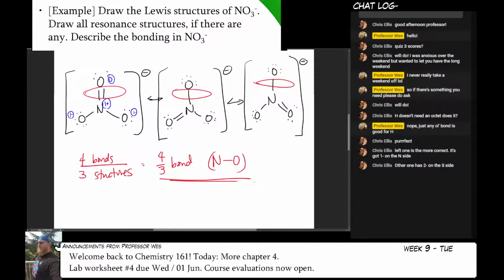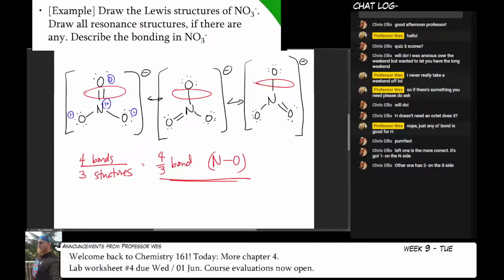And so we could determine that it's slightly stronger than a single bond, because 4/3 is bigger than 1. But it's less than a double bond. And that makes sense, because if it was as strong as a double bond, there'd be a double bond in every position here, right? So that's our average bond length.